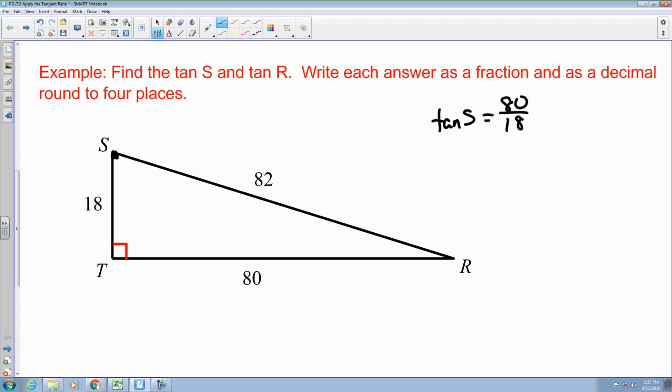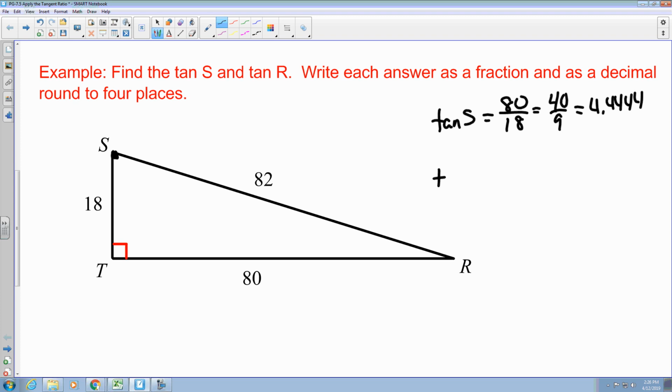And can I reduce this? I believe I can. 80 over 18 can turn into 40 over 9, and 40 over 9 written as a decimal, rounding to 4 decimal places, will be 4.4444.